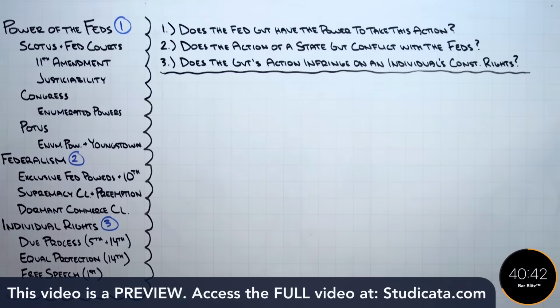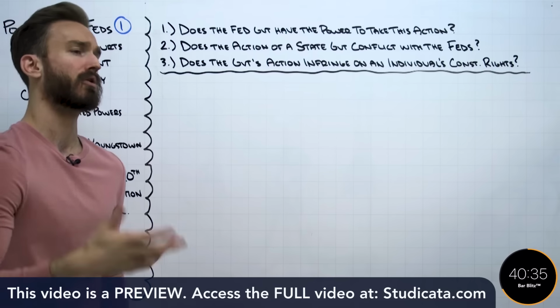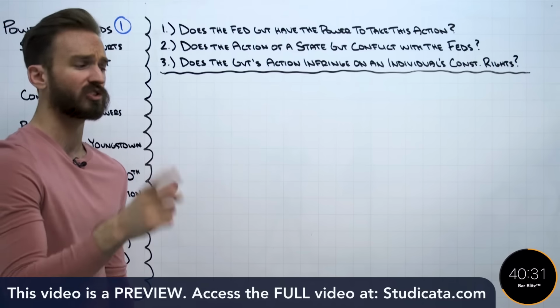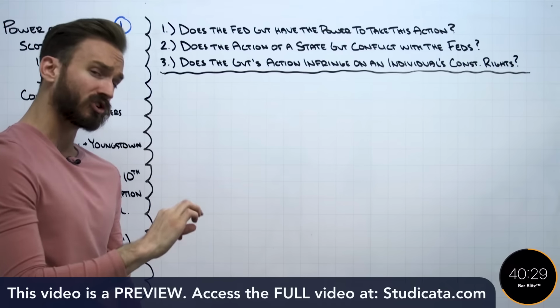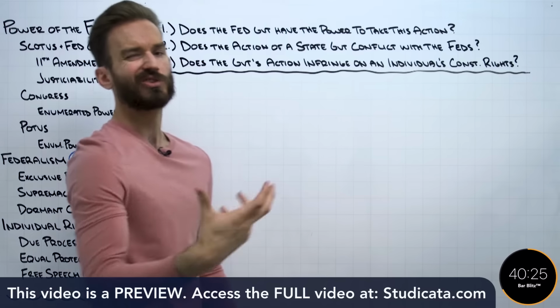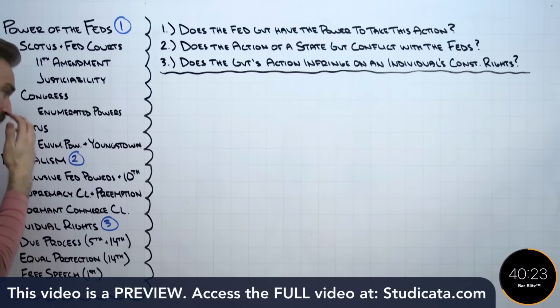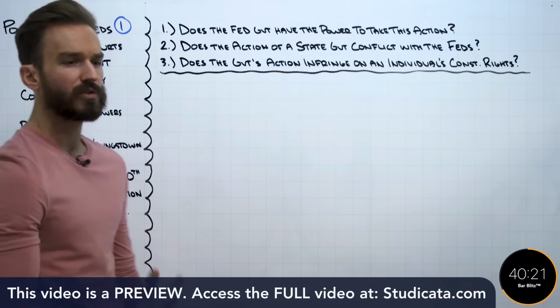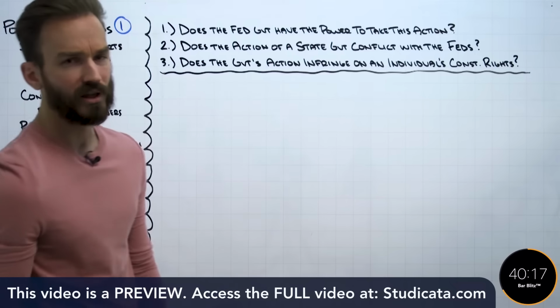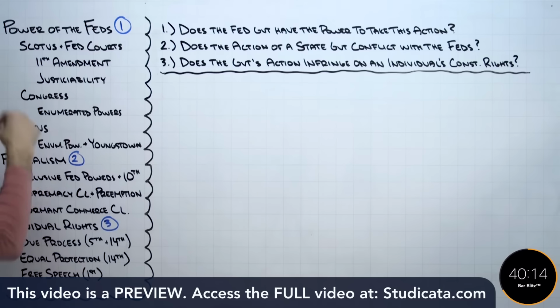Taxing power and spending power are usually pretty easy to see. Taxing power, we know Congress has the power to tax as long as Congress can show some reasonable relationship between the tax and revenue production. Generally, the tax law is going to be upheld. Spending, they just have to show that the spending is to provide for the general welfare of the public. Both of those requirements are usually very easy for Congress to show.